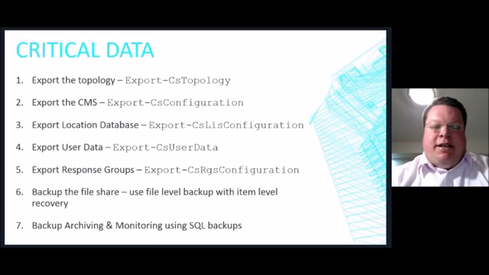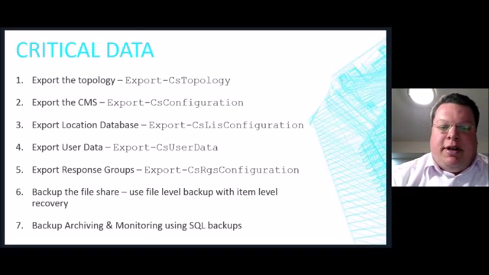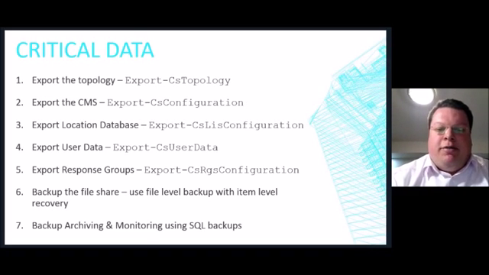So to back up the critical data, there are 7 steps really. Obviously the topology is the first major configuration item to back up, and you can use the Export-CsTopology command to export the most recent one.